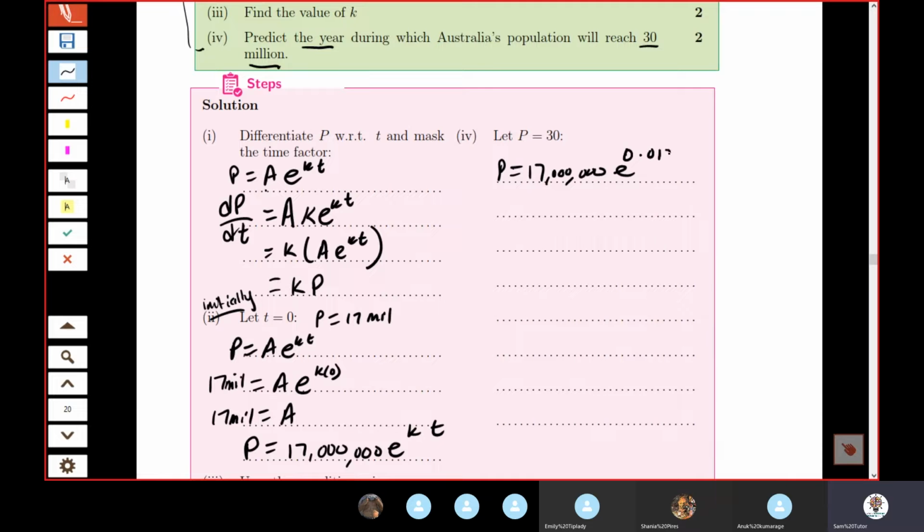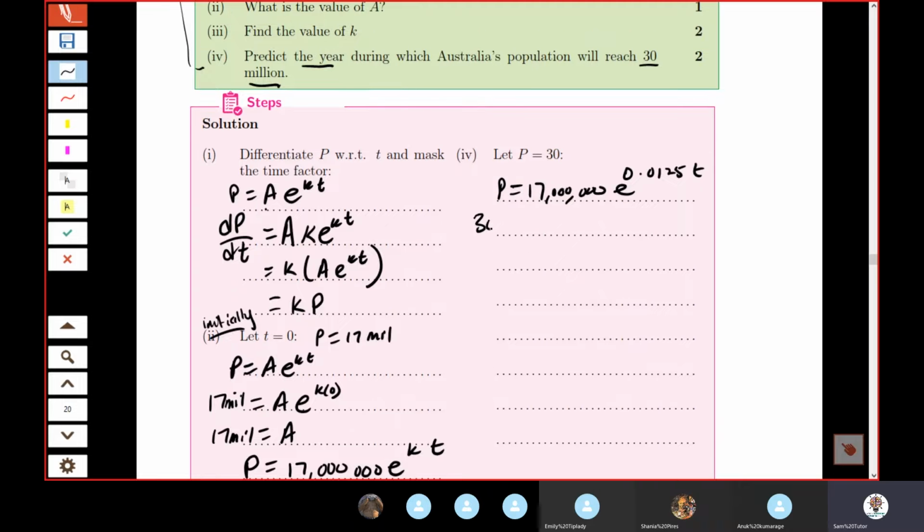You write it, you just don't use it. You know what P is? P is 30 million now. And then of course you guys know you can just cross out your zeros. All right. And then just solving again for t. You just do it all again. So easy.